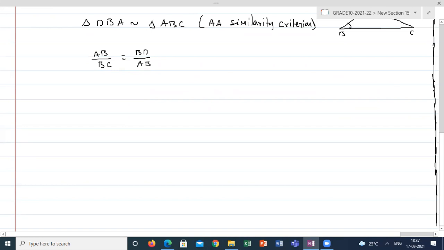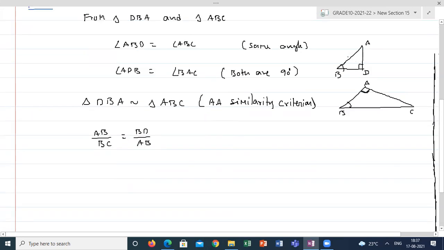Angle B is opposite this one in both triangles, so the remaining is BD corresponding to AB. So this is my equation. From here I can write AB square is equal to the product of BC into BD. This is my first equation.